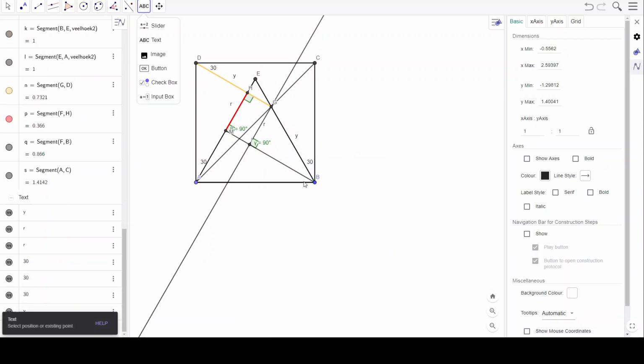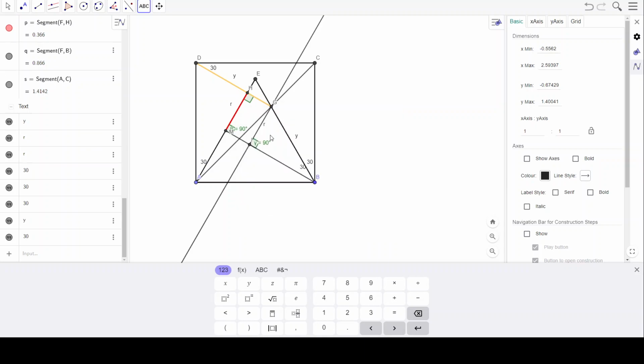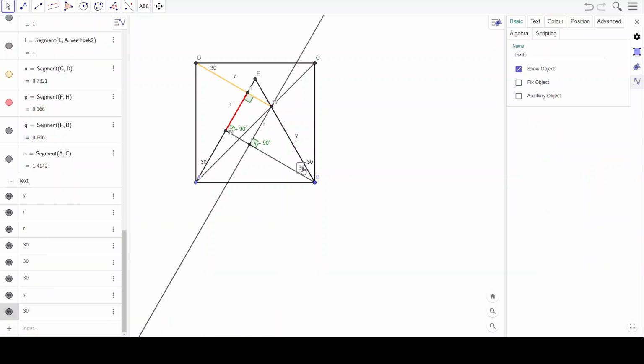And finally, what we see is that this right triangle is a 30, 60, 90 triangle. Exactly because this is dividing the angles, the 60-degree angle in two. So we have a 30-degree angle over there.